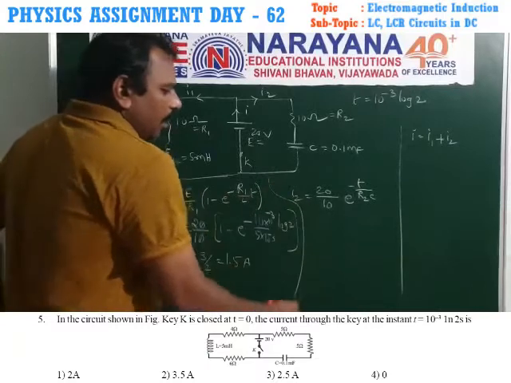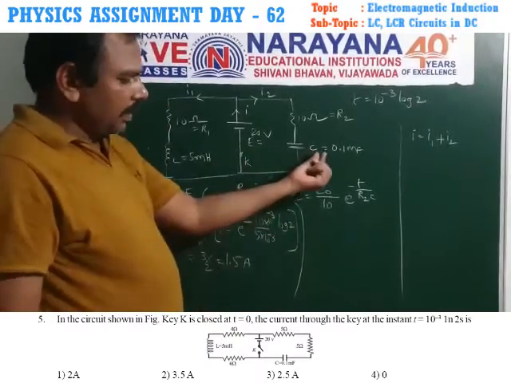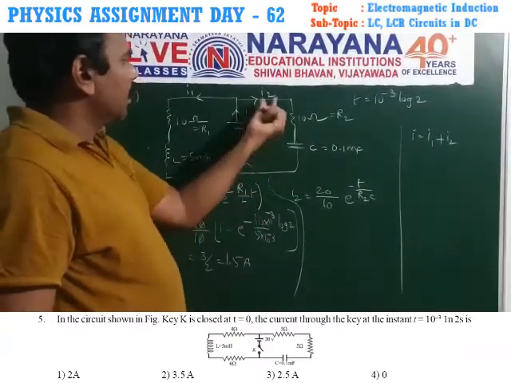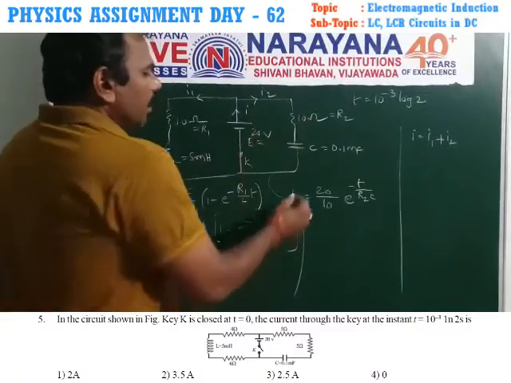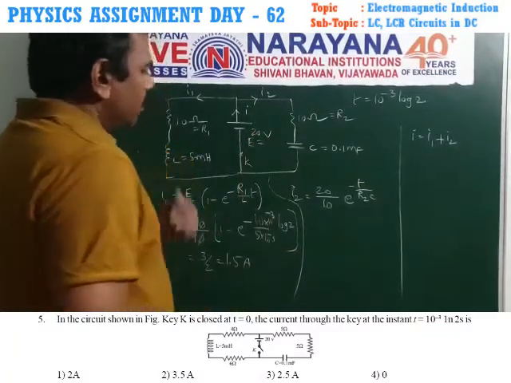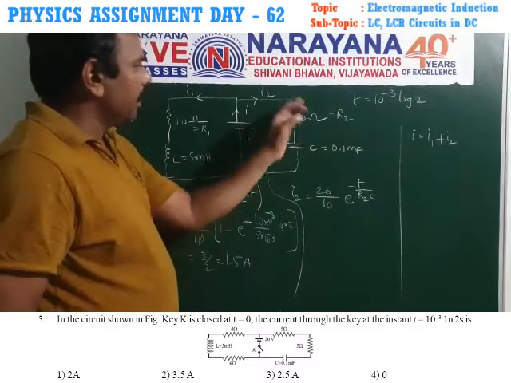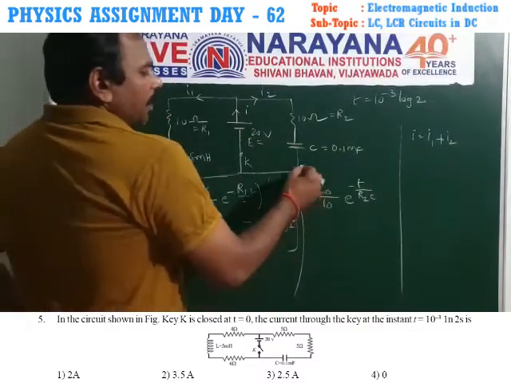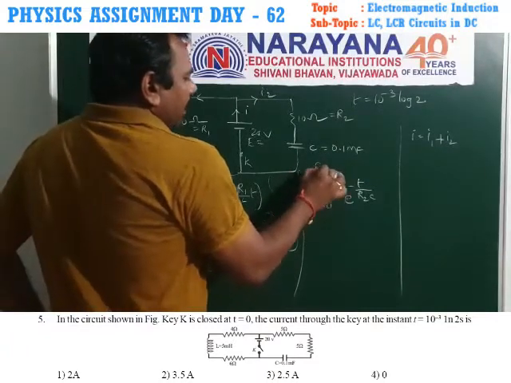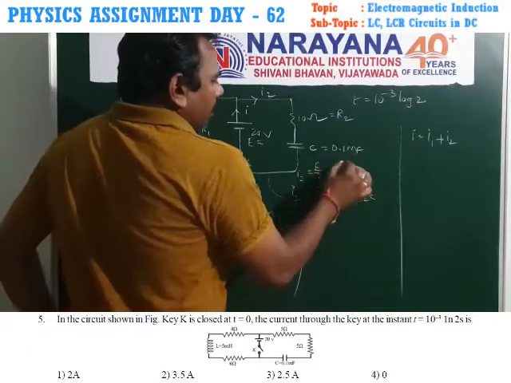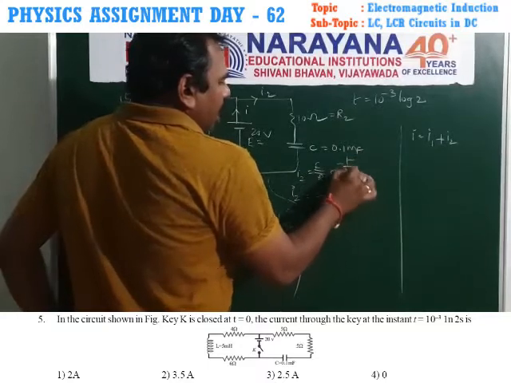Now on the second branch, the capacitor is connected in this circuit. The current I2 is equal to E by R2 into e power minus t by R2C.